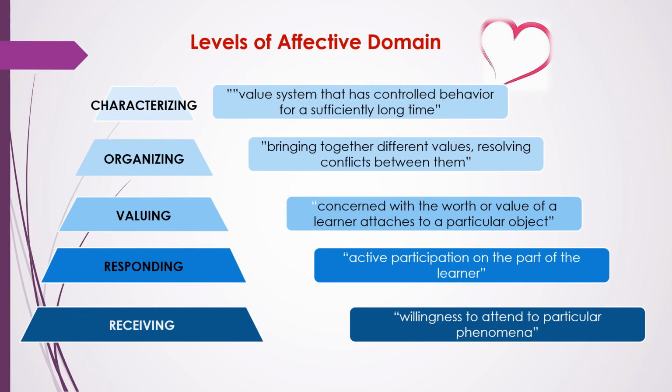So learning outcomes at this level cover a broad range of activities, but the major emphasis is on the fact that the behavior is typical or characteristic of students. So take note, a value system that has controlled behavior for a sufficiently long time. So dito, na-develop na yung magandang asal ng bata, and at the same time, na-develop na din sa kanya kung paano siya makipagsalamuha in the proper way.